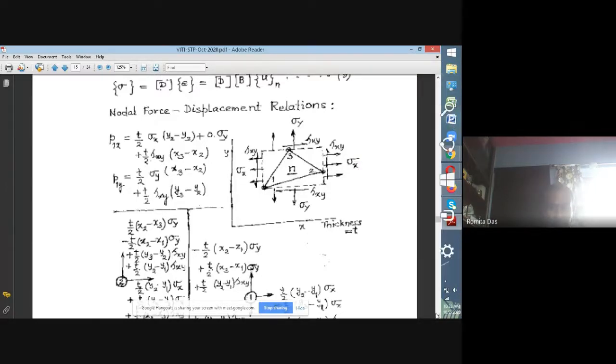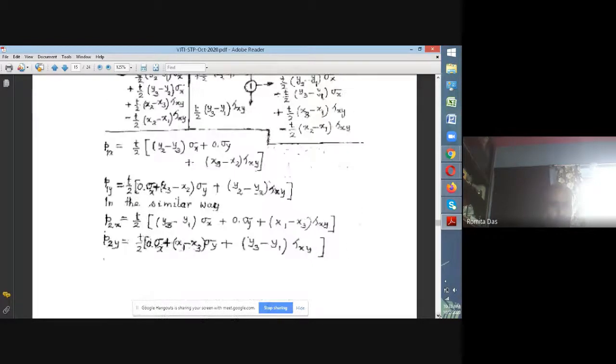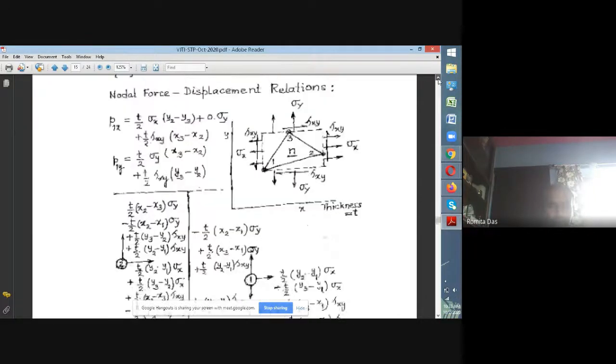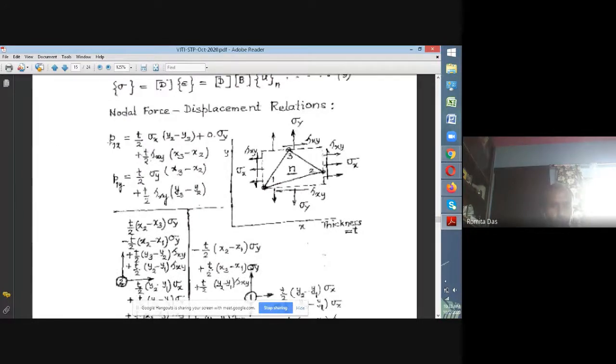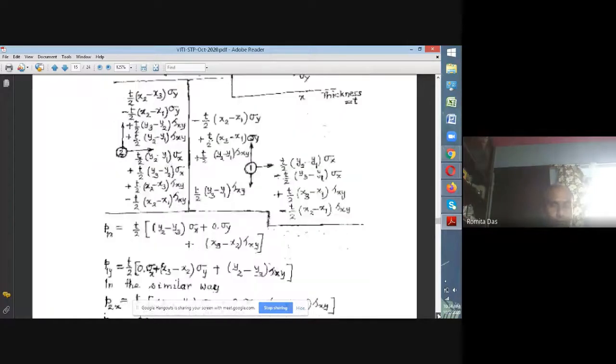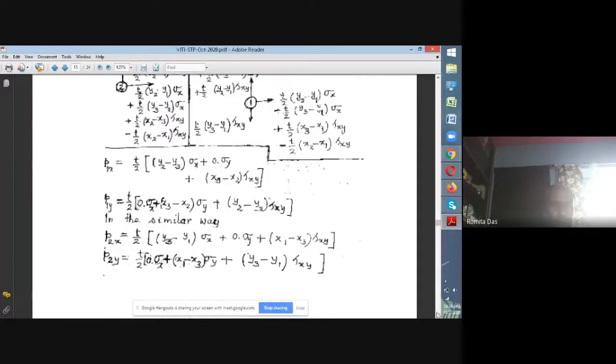And finally, when you write the total load at the nodes of the element, that gives you the relationships which are explicitly written on this page. You have at node 1 the force in the x direction given in terms of the three stresses, and the force in the y direction also in terms of the three stresses. The same process applies for all three nodes. Finally, we get the relationships involving the stresses and the nodal coordinates.